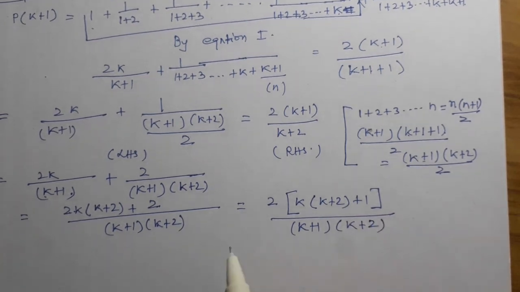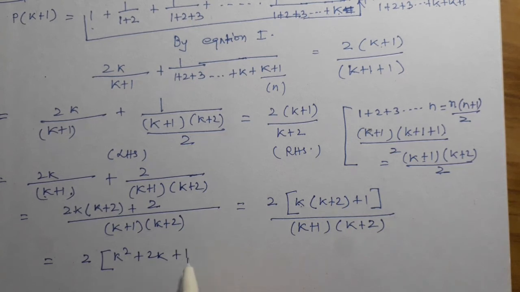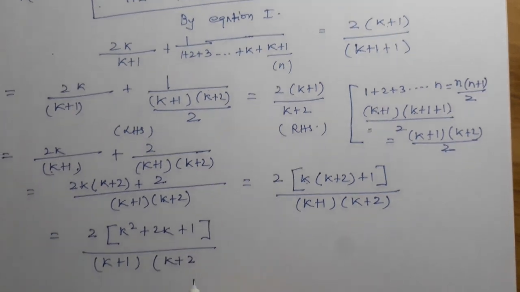Okay, now it will be 2, and again if you multiply it, it will be k square plus 2k and plus this 1 by k plus 1 into k plus 2.